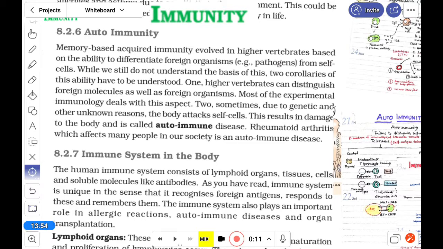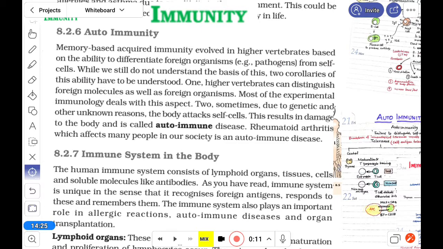One example I can give you: the thyroid gland is destroyed by our immune system. It is called Hashimoto's disease. The tissues of the heart and joints are affected. Tissues of the glomerulus membrane are affected. In multiple sclerosis also, antibodies attack the myelin sheath of the nerve fiber. It is eaten by our immune system.